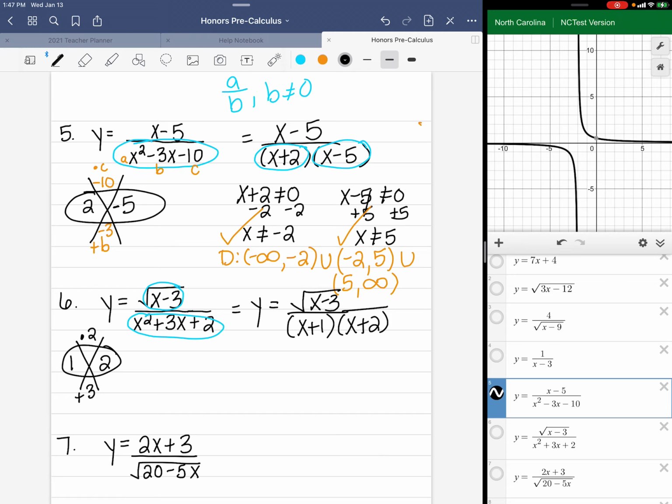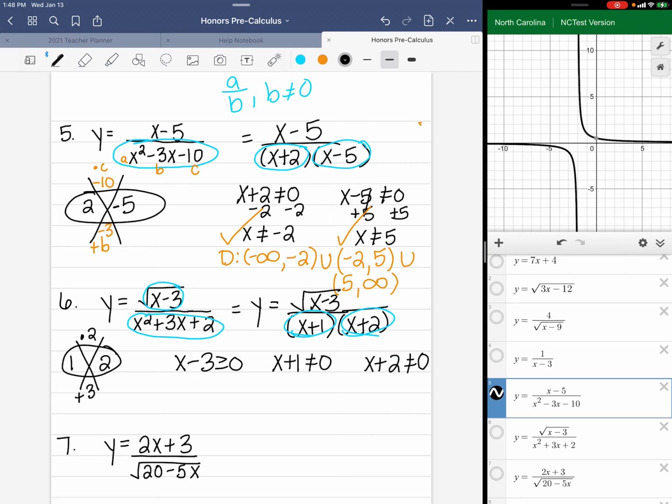So we're going to have to do multiple parts here. The first part is going to be the square root. So in my square root, we know that that has to be greater than or equal to 0. I also have two parts in the denominator, and that denominator cannot equal 0. So we're going to say x + 1 can't equal 0, and x + 2 can't equal 0.